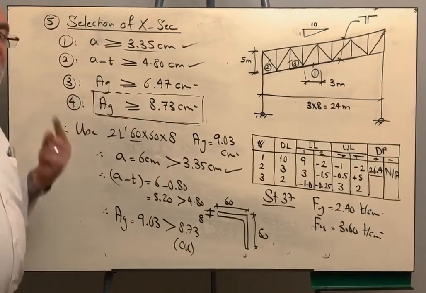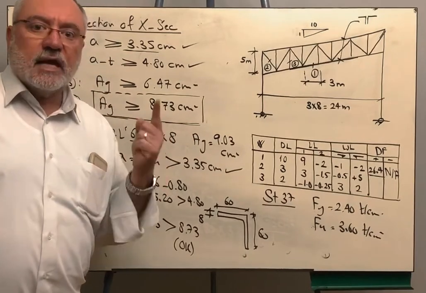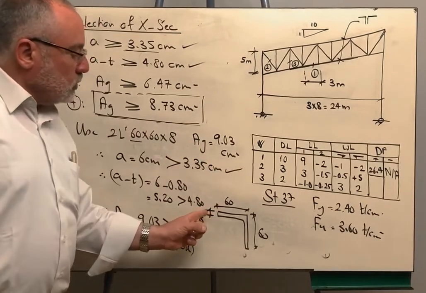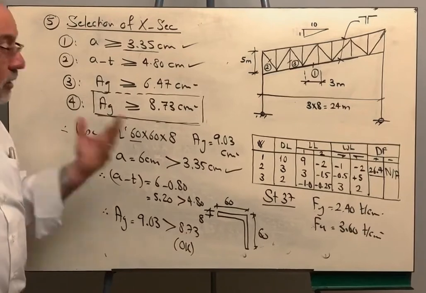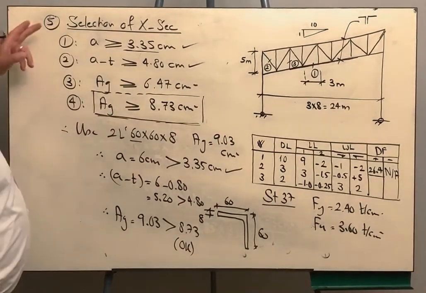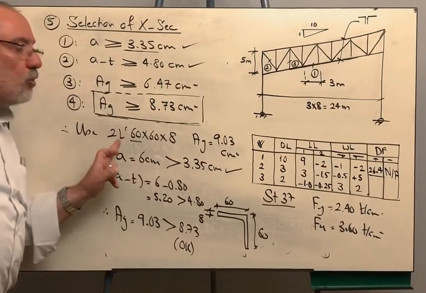Now we did one assumption that we assumed that the net area is 85% of the gross area. Why did we do this? Because we did not have the dimensions of the angle and we did not have the area of the angle. Now we can check for the net section fracture. Take care. In this step, you are graded that you selected the correct angle.